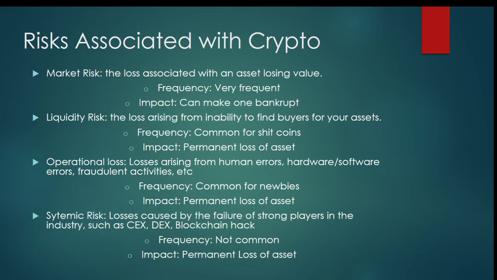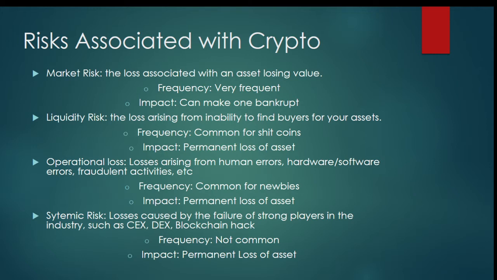This is the risk associated with an asset losing value. For example, recently Bitcoin, which was trading at about $69,000, dropped to somewhere around $48,000. That is a loss in the value of Bitcoin. And this loss is frequent.